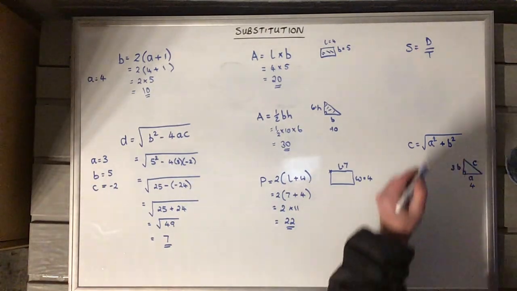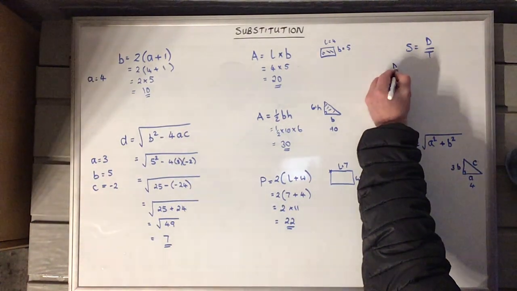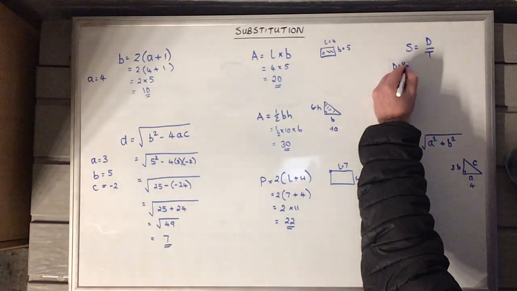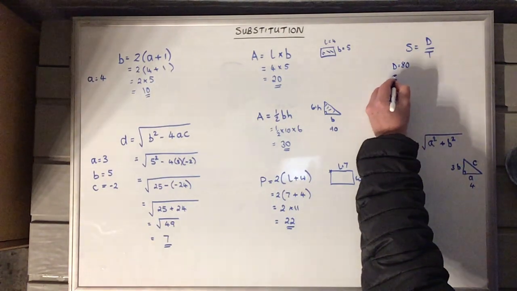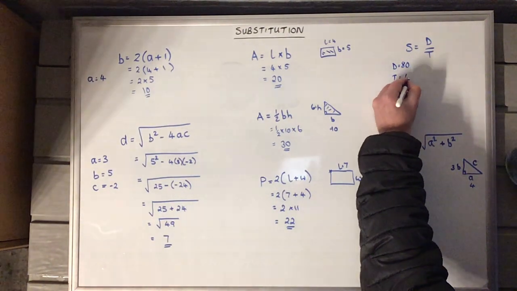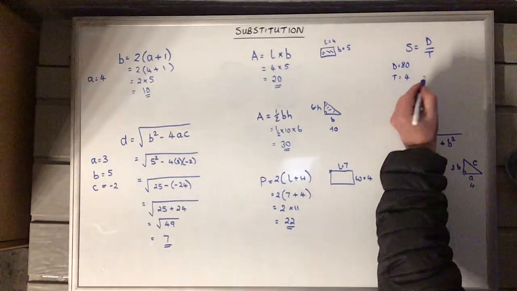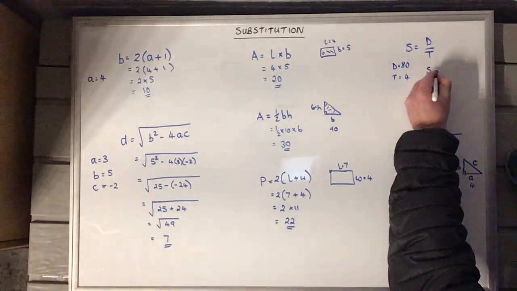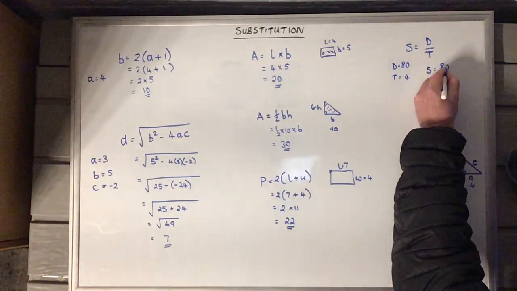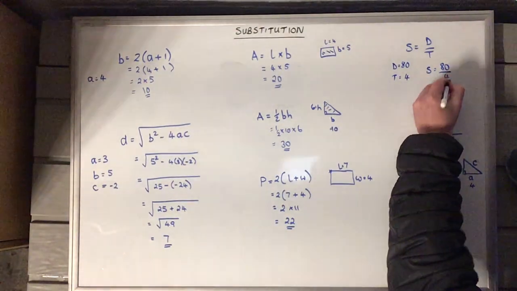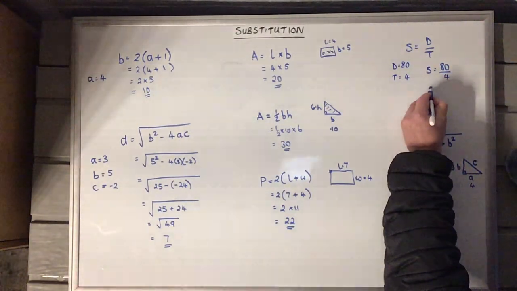If I say to you the distance has a value of 80 and the time has a value of 4, what's my value for S, the speed? Well, we just substitute in. This is quite an easy formula. So S is equal to 80 over 4. So my S would be equal to 20.